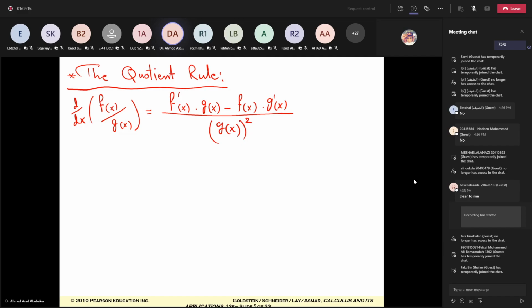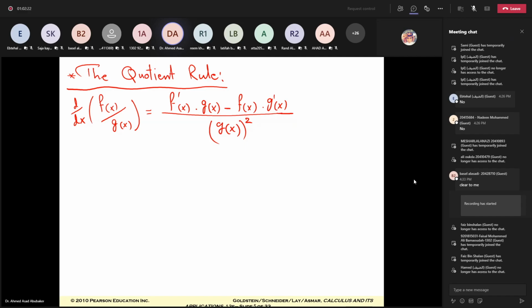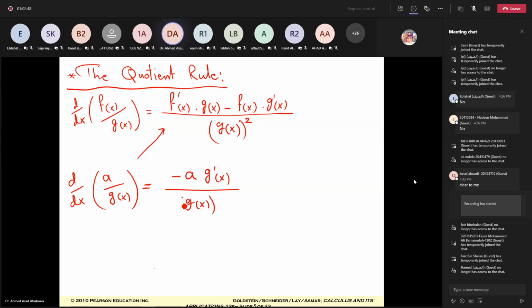So the numerator's derivative multiplied by the denominator, minus the numerator multiplied by g prime, over g squared. This is if we have f over g, but if we have a constant a over g, we can apply this directly, or directly use negative a g prime over g of x squared, like this.